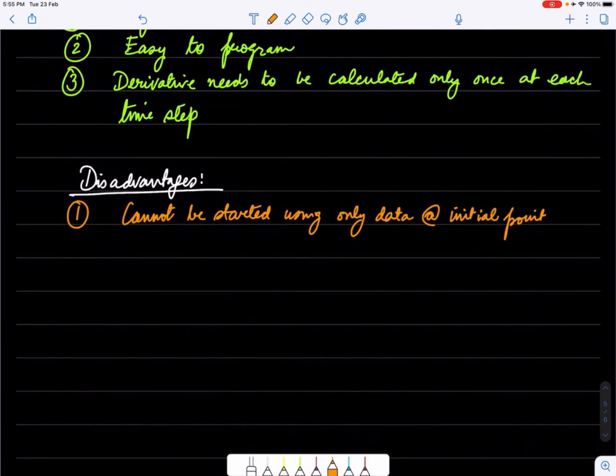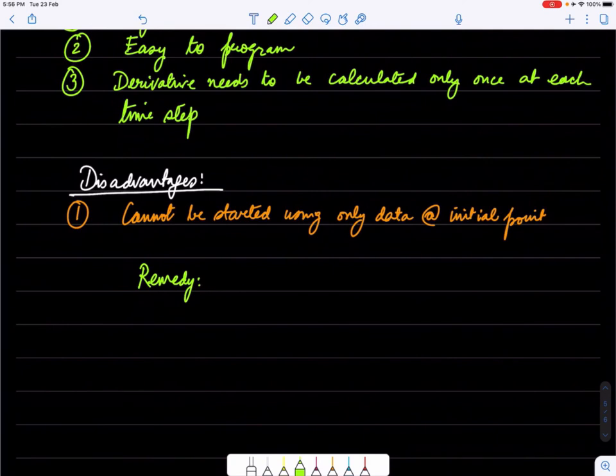Now the remedy to this problem is that when we have only an initial condition given, we can use small time steps initially and develop some data points. Small time steps would ensure that even though you are using explicit Euler, the accuracy can be improved by taking a very small time step.